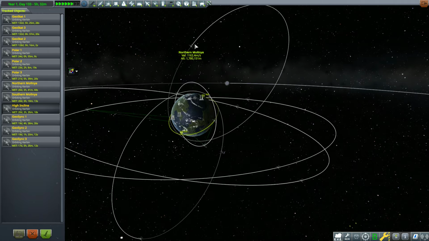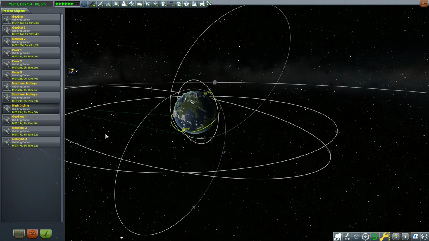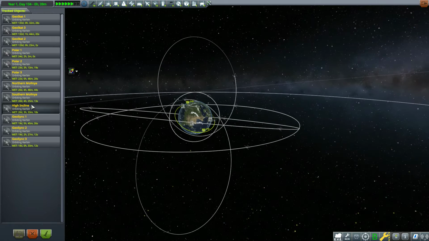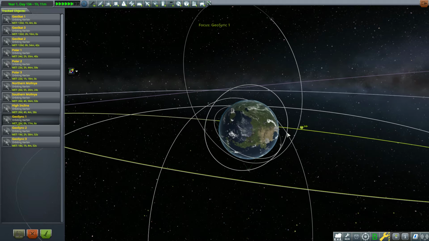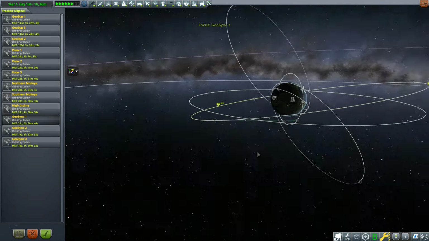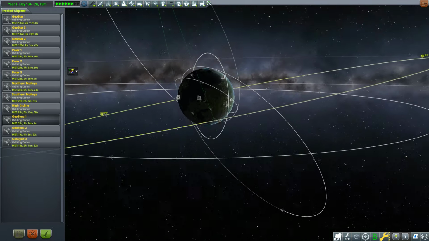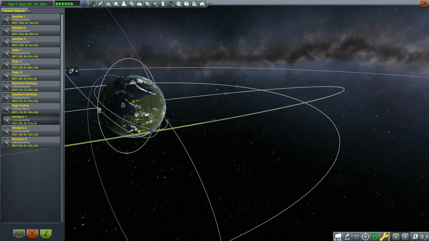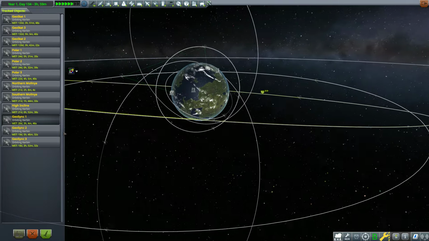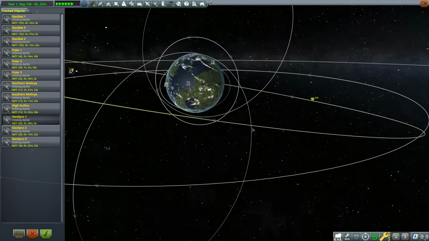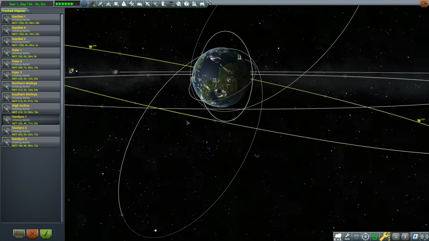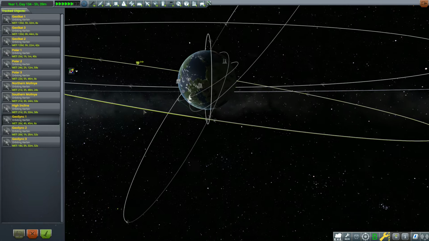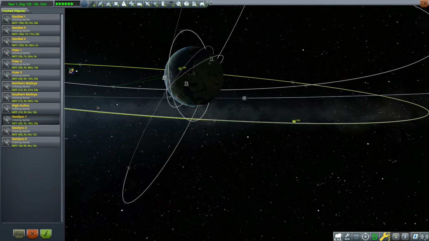So then we'll look at the Molniya orbit. Actually, no. We'll look at the geosynchronous first. So geosynchronous is special because as we zoom in, you can see that it hangs out over the same spot during the entire course of the planet's rotation.